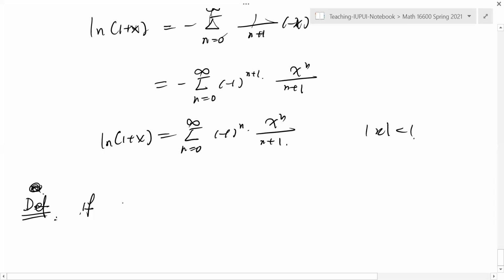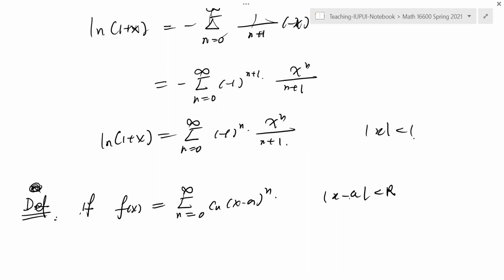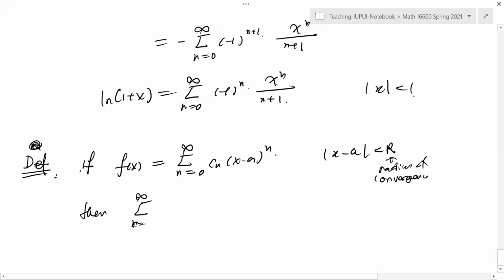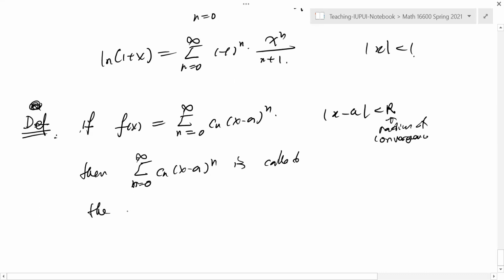Given a function, if f of x is given by this formula, that is, if the function is equal to some power series, and that power series of course has a radius of convergence, then this power series is called the power series representation of f at the point a.